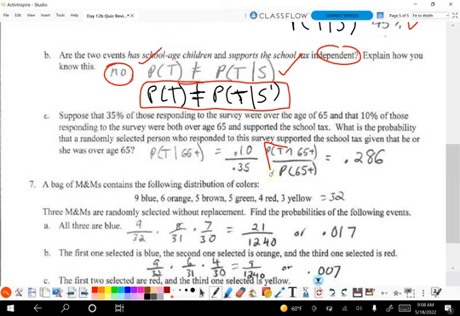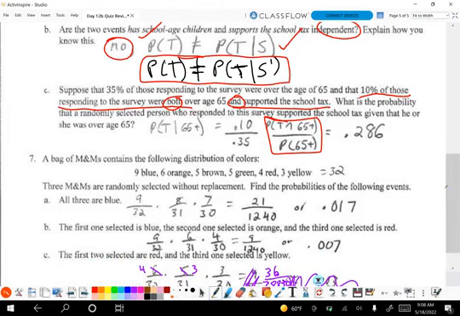In part C, we're again going to use our new definition of conditional. It says the probability of supporting the tax given that you are 65 or older. Since they give us the intersection, 10% of those responding to the survey were both over age 65 and supported the tax, and means intersection. So I've got the intersection of tax and being over 65.